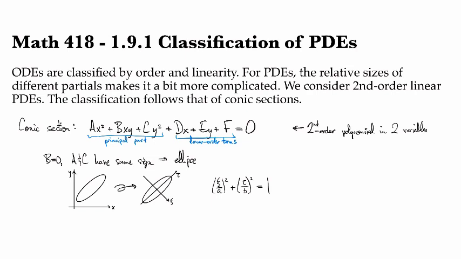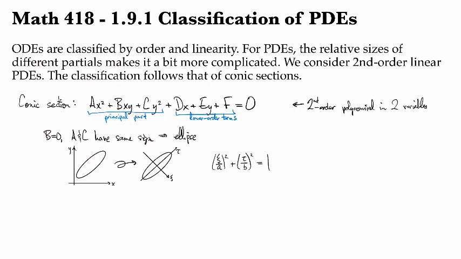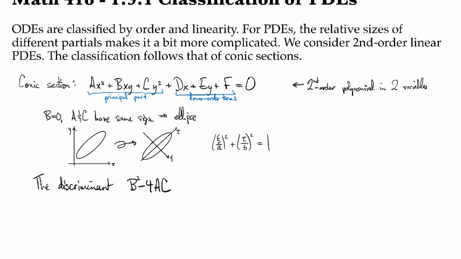Okay, so the way that we understand these equations is in terms of the discriminant. And so the discriminant, b squared minus 4ac, that's the part under the square root in the quadratic equation.